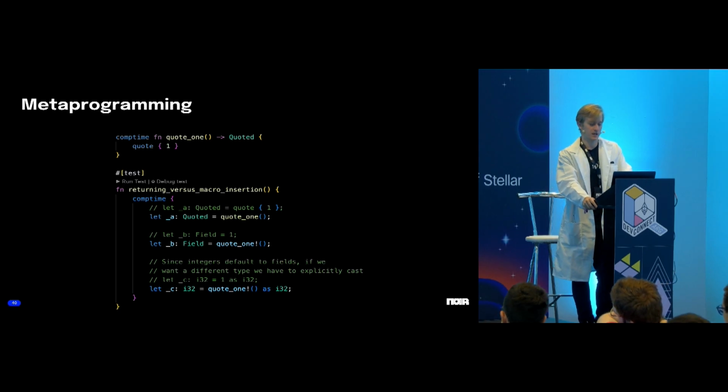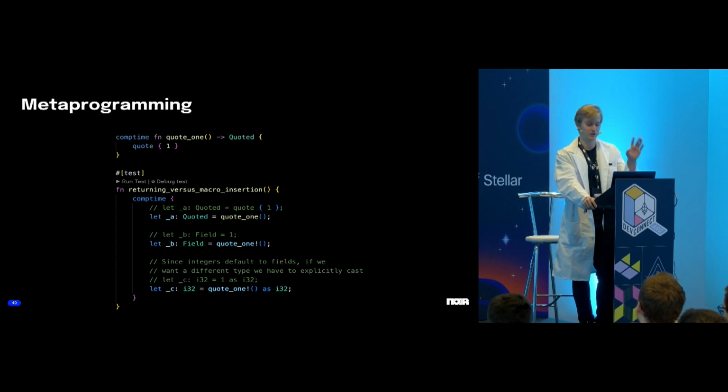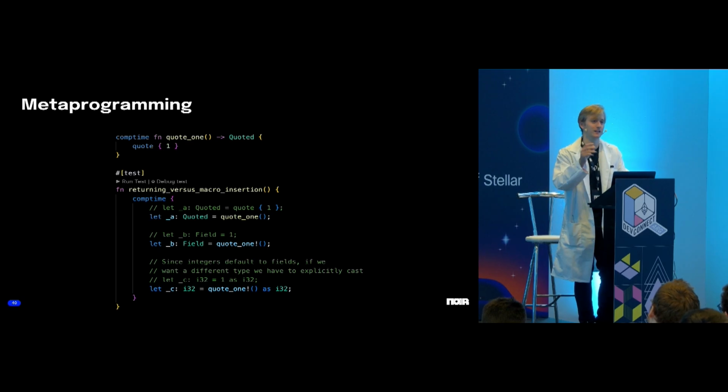In this case, we have quote 1, which is literally just 1. And then we can unquote using the exclamation point. If you're familiar with Rust macros, this is how you invoke a Rust macro. If you've ever seen println! with an exclamation point, it's a call to a Rust macro. So here we're doing an unquote.